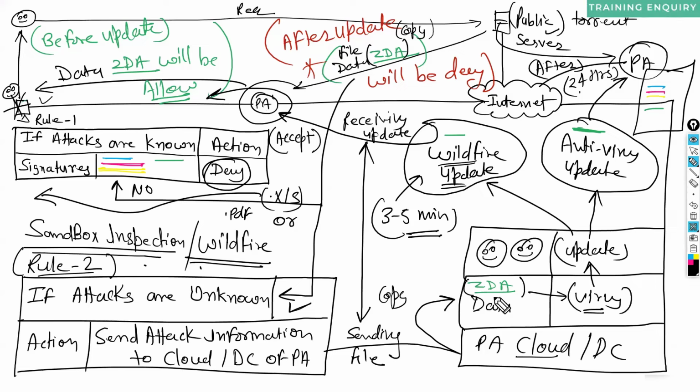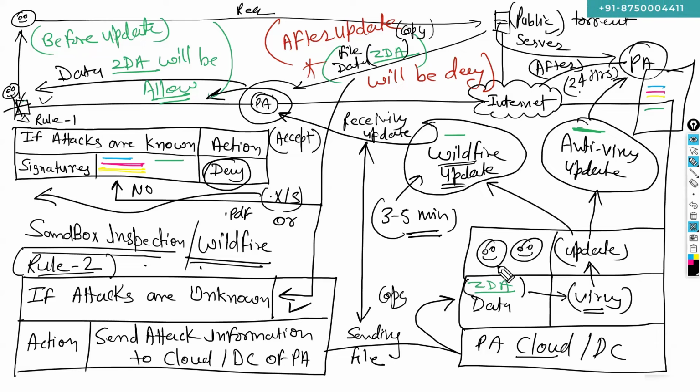Listen, in this field we are just like doctors. You are the doctor who can do operations, but you can't develop medicines. For those tasks we have separate doctors and experts. Same here, you can implement the firewall and deploy policy, but you can't generate antivirus signatures.